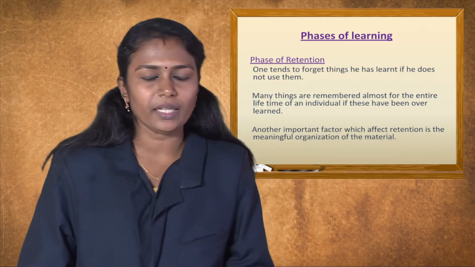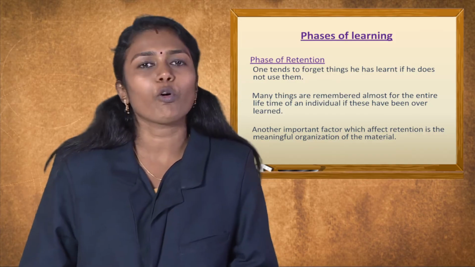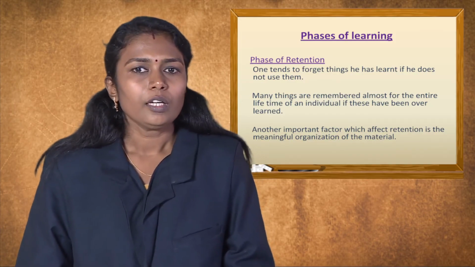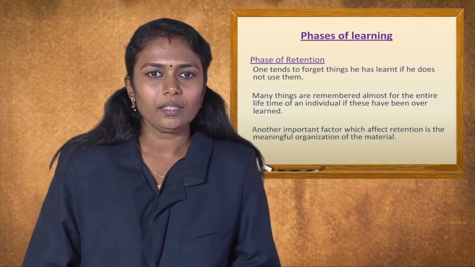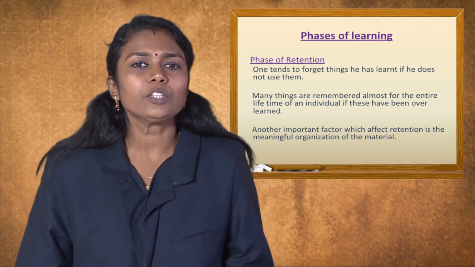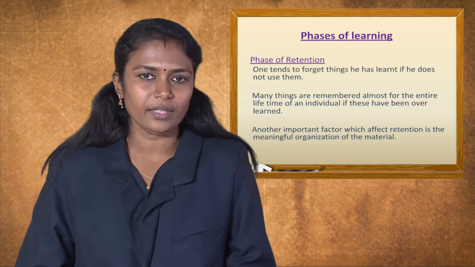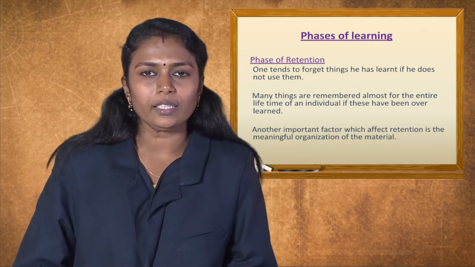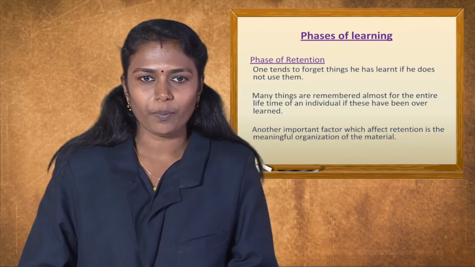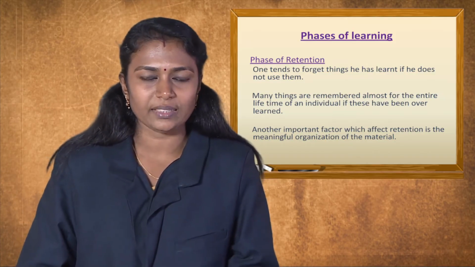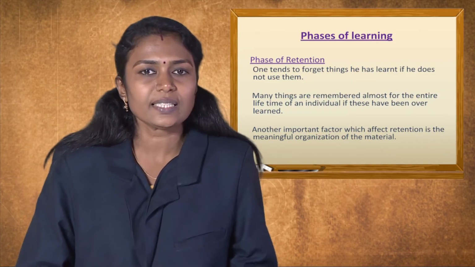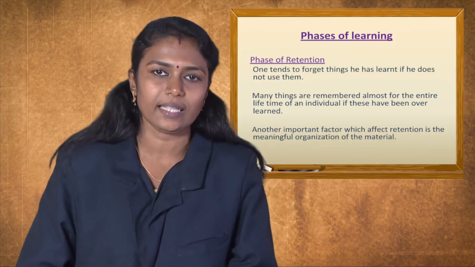As human beings, there is a tendency to forget things. So, if it is overlearned, then there is no chance of forgetting. Once we have studied, we won't forget in our entire life. Like that, we have to practice. This can be attained by the systematic way of practicing the skill.